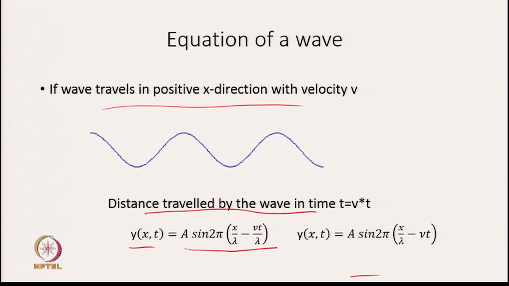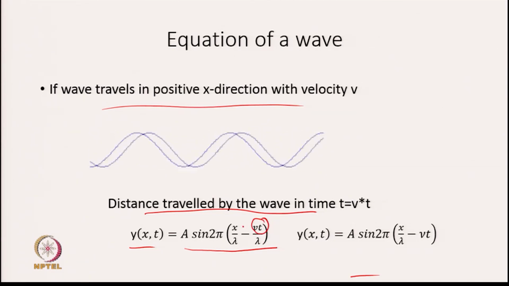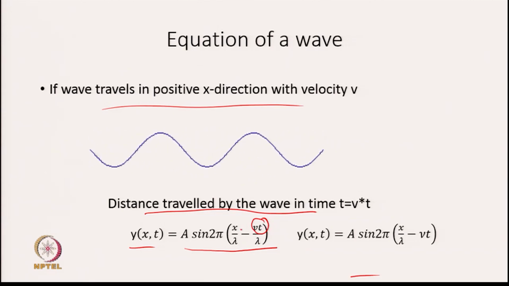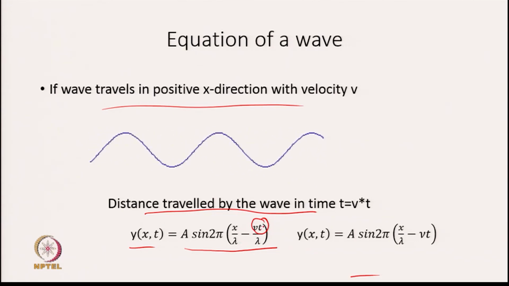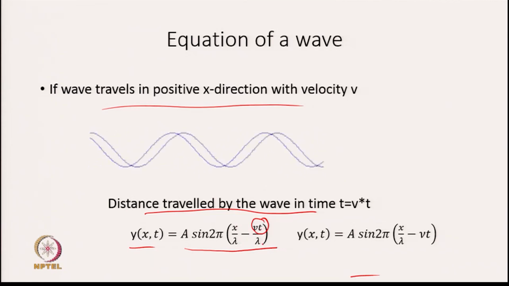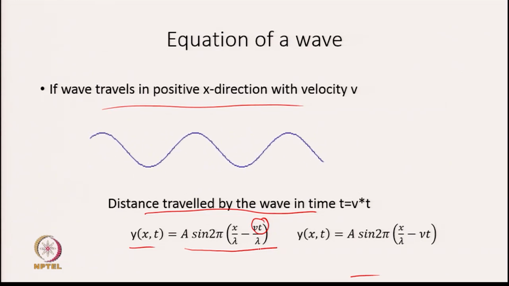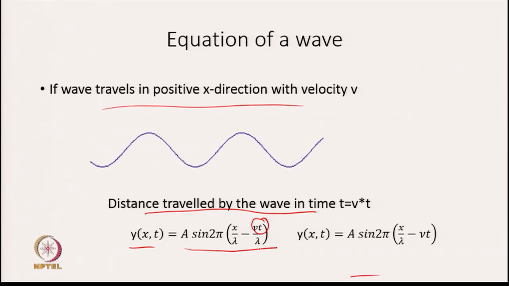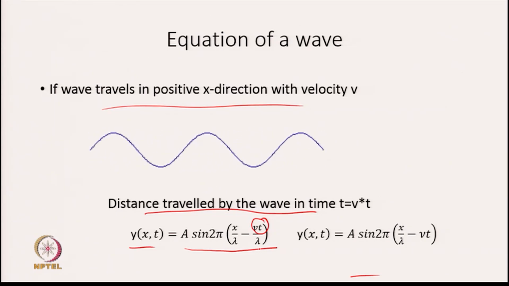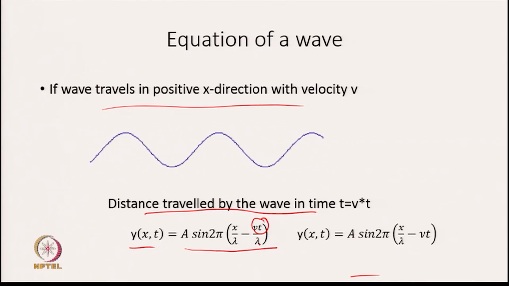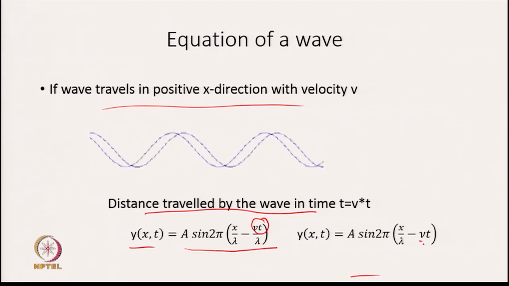Now, you see this vt, velocity into time, is your distance. So, basically this is x by lambda minus another distance vt by lambda. So, now y is a function of x and t, and v by lambda is equal to frequency.